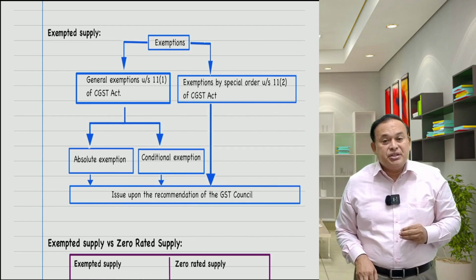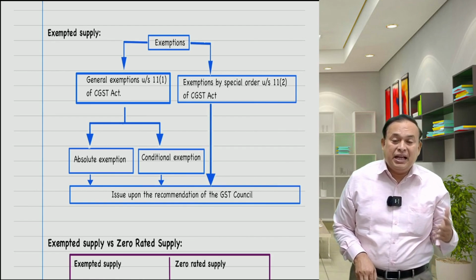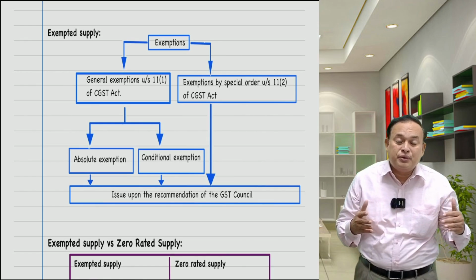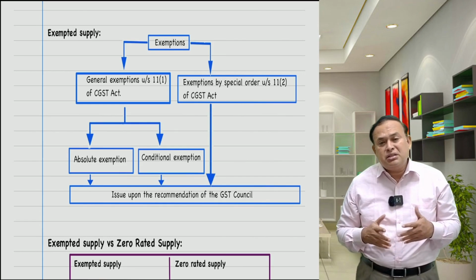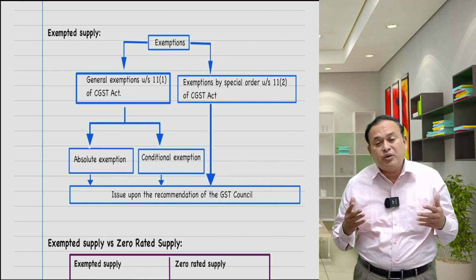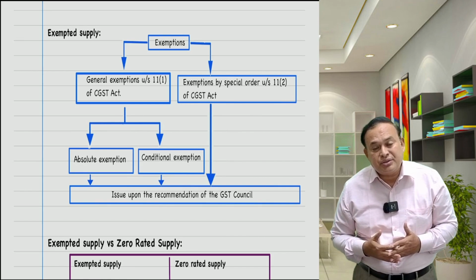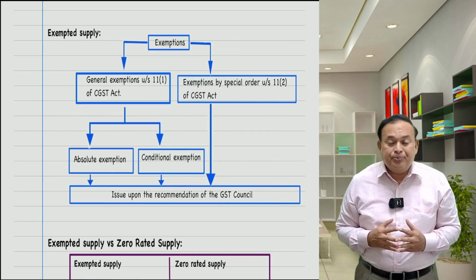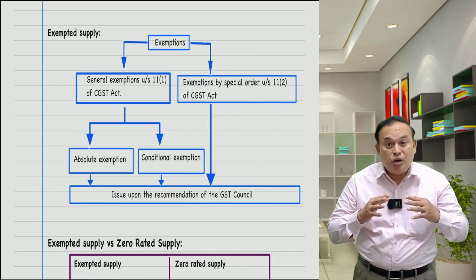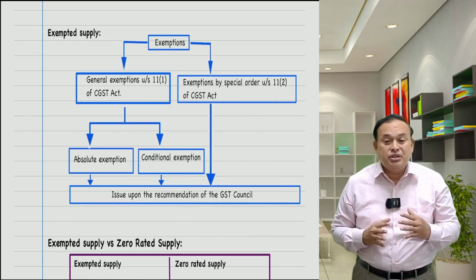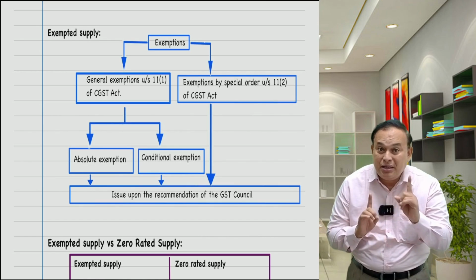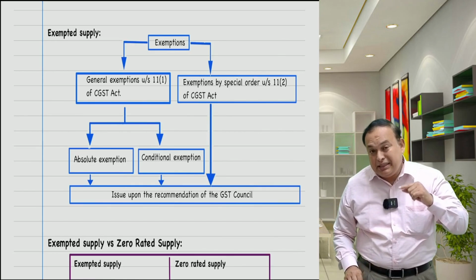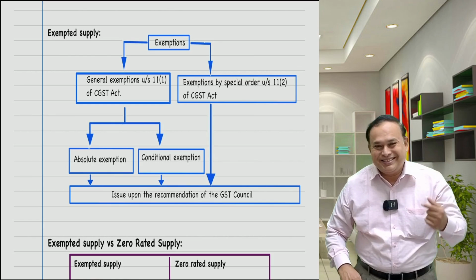In a few states, it should not exceed 75 lakhs. And he should not deal with non-taxable supply of goods or services. He should not make interstate outward supply of goods or services. He is allowed to supply intrastate supply of goods through an e-commerce operator, but should not supply interstate outward supplies through an e-commerce operator.